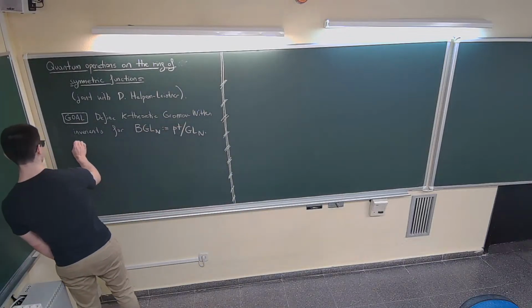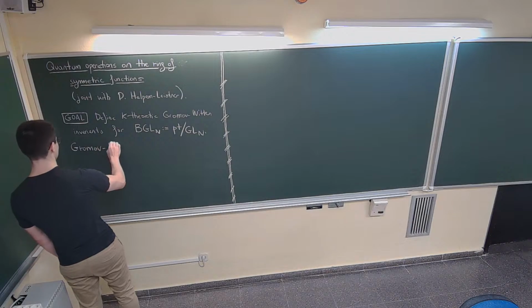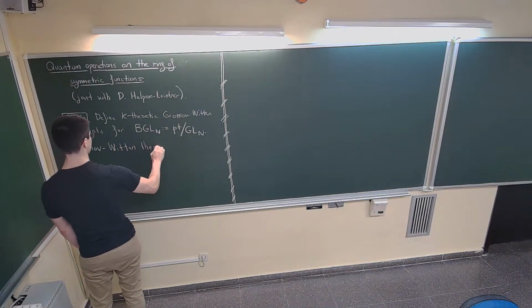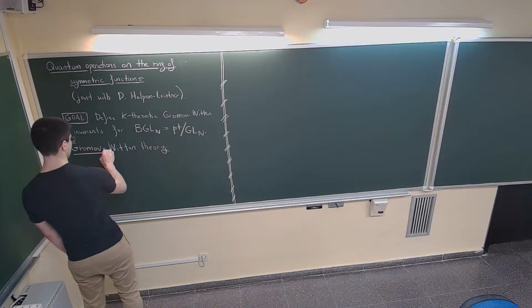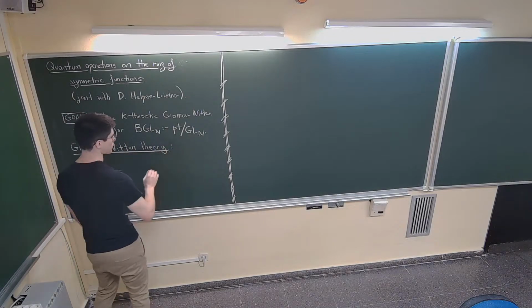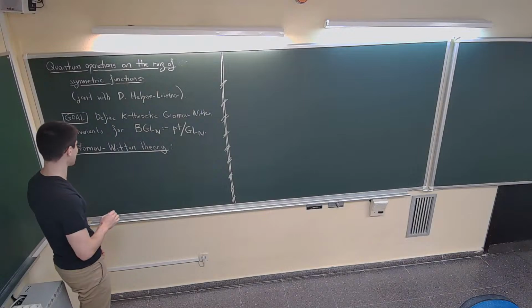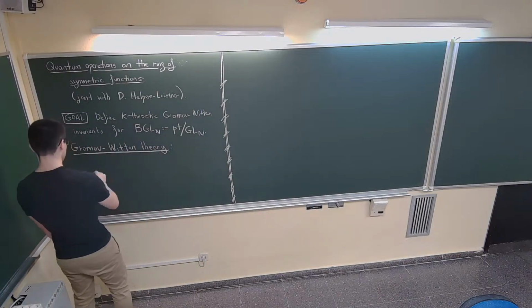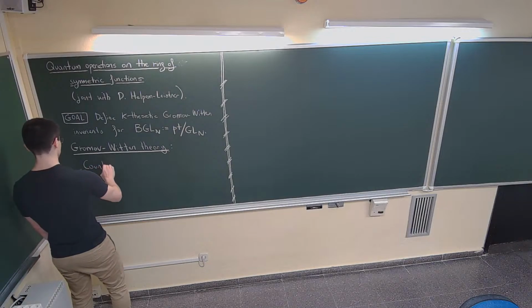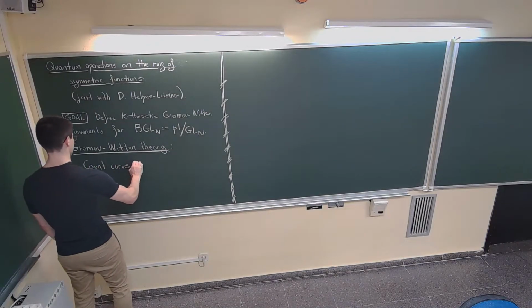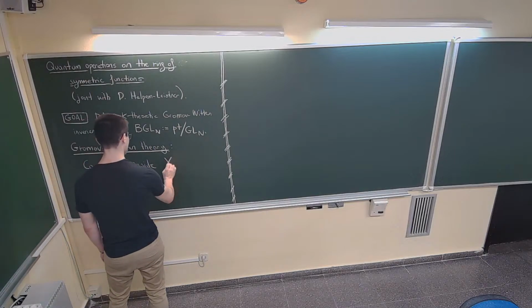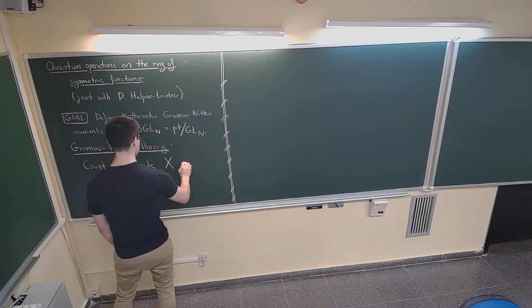So let me start by recalling a bit about what classical Gromov-Witten theory is. This is going to be quite idiosyncratic. The idea is to count curves inside something X, and X is usually going to be a smooth projective variety.